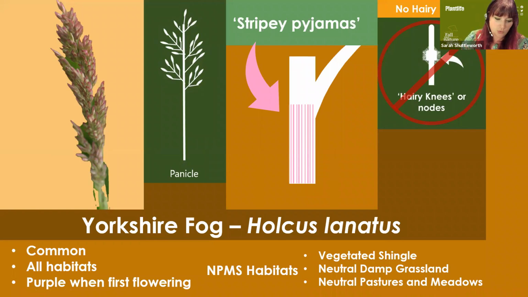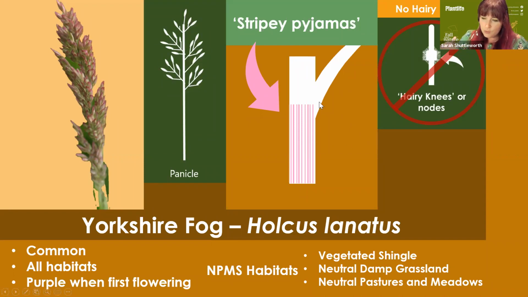This is Yorkshire fog. So this one's a rather adorable little species actually, because it's quite pinkish. It's so softly downy all over that it feels a bit like velvet or moleskin. And it opens out into a nice big panicle, which is that branched or tree-like structure. And it has these lovely striped pajamas.